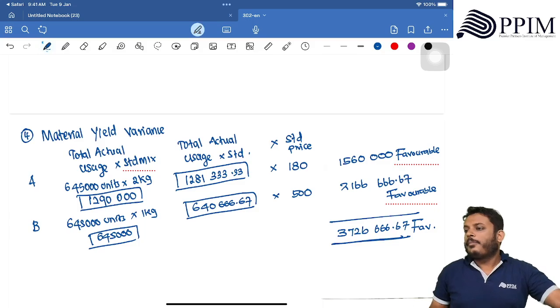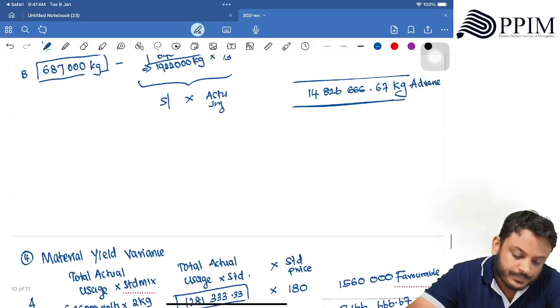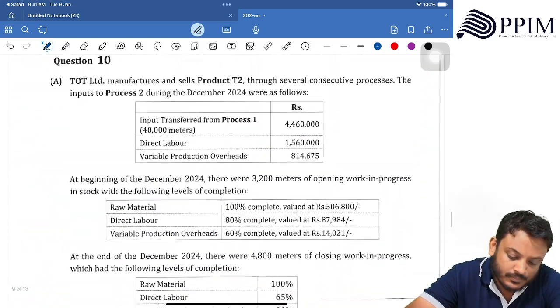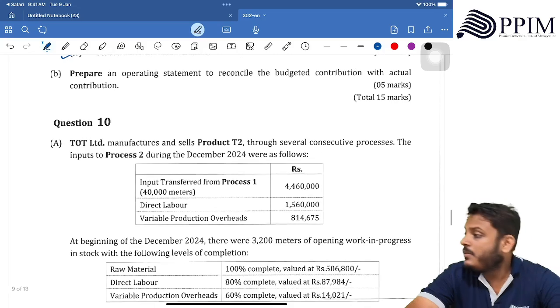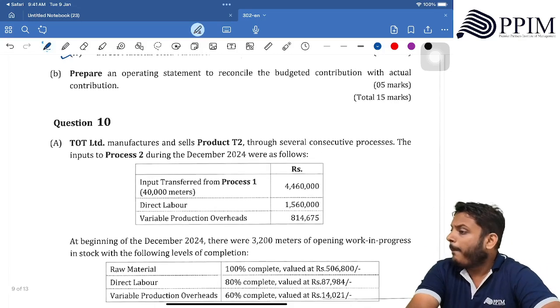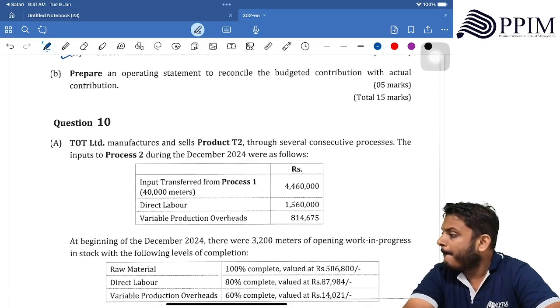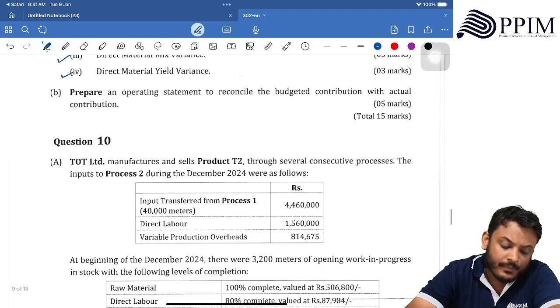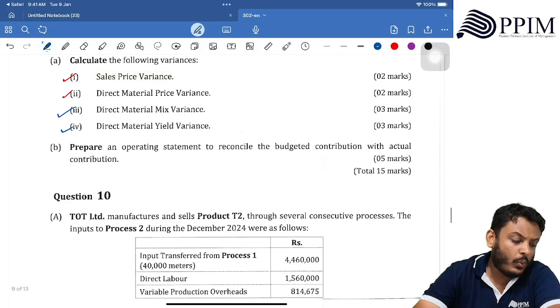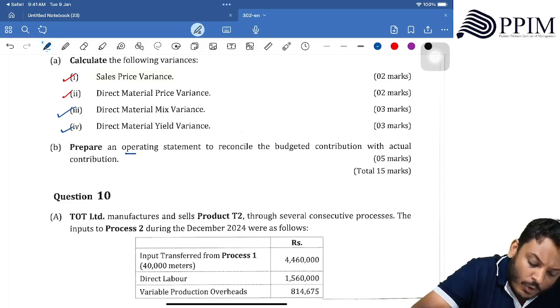Right. Next question. Yes, what's the doubt? See, the question is prepare operating statement to reconcile budget contribution with actual contribution.